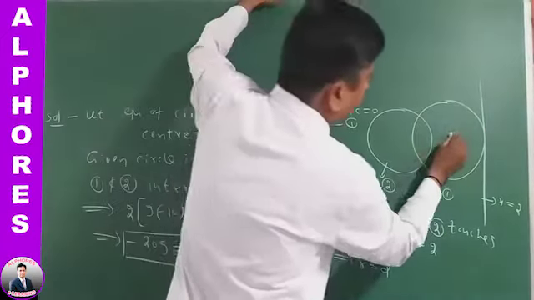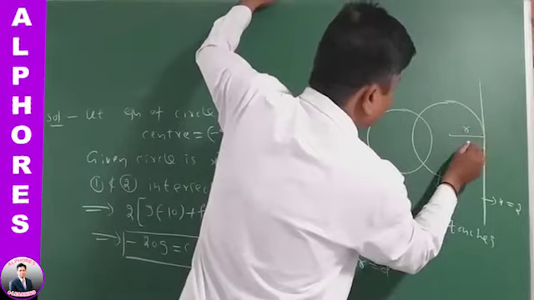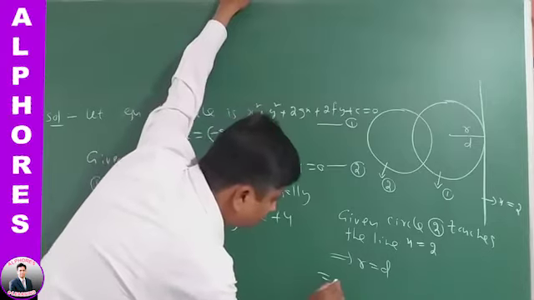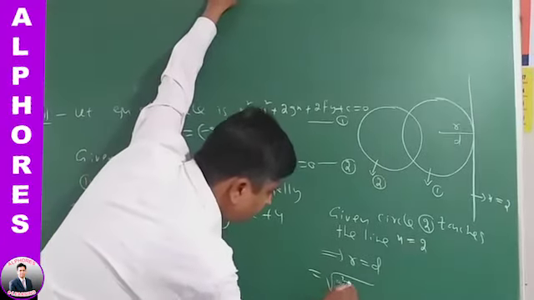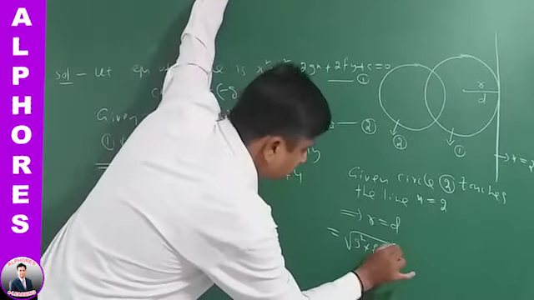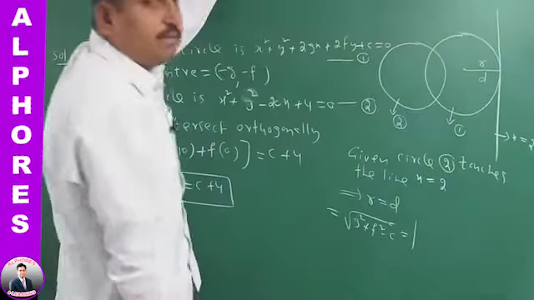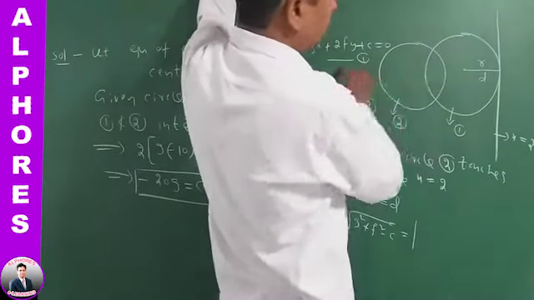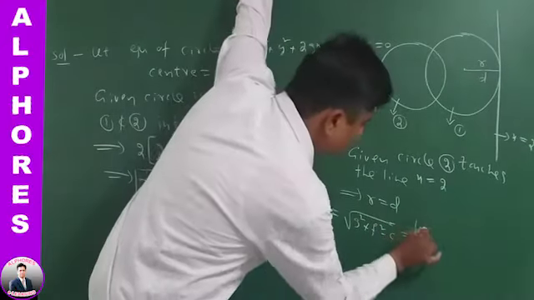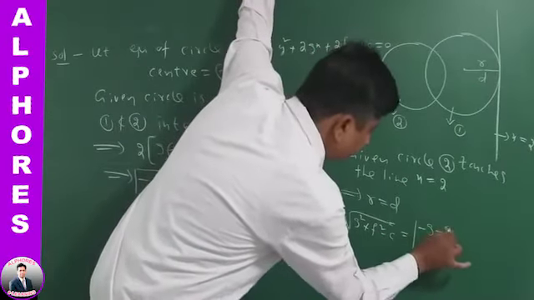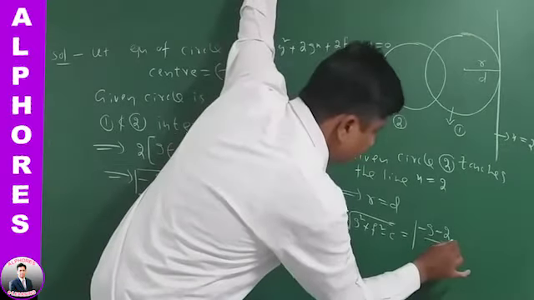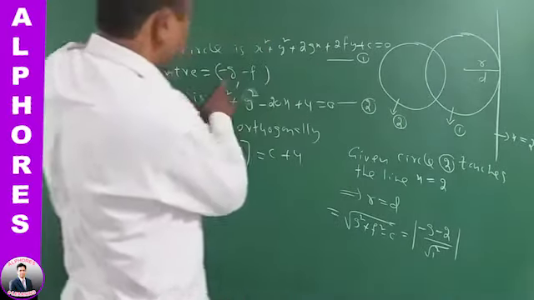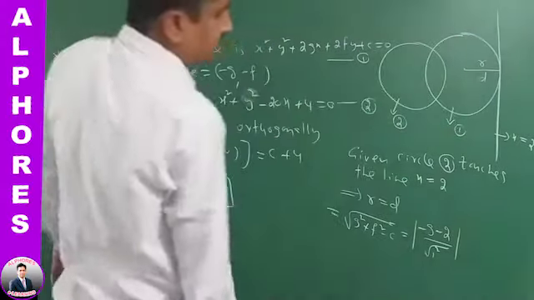Here r means the radius of the circle, which for the first circle is √(g² + f² − c). Here d means the length of the perpendicular from the center of the first circle to the line x = 2. It is |−g − 2|/√(1²), the length of the perpendicular from the point (−g, −f) to the line x = 2. r = d.